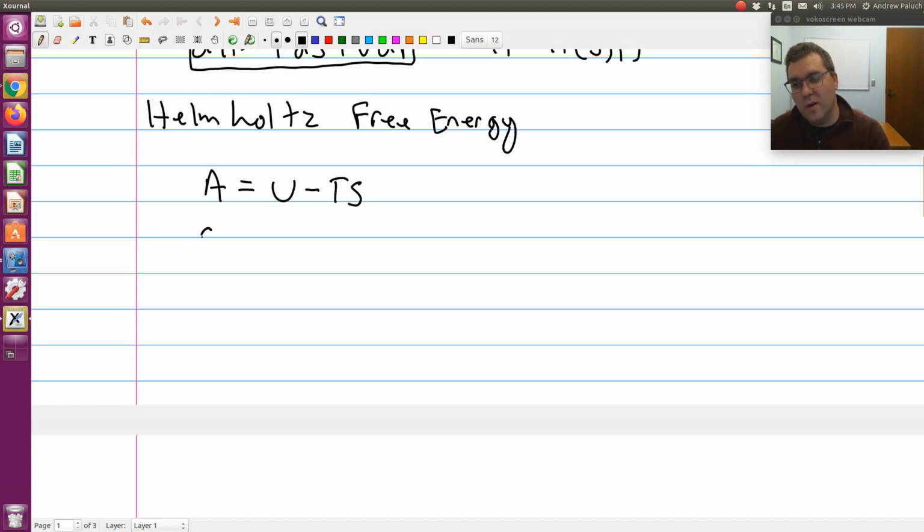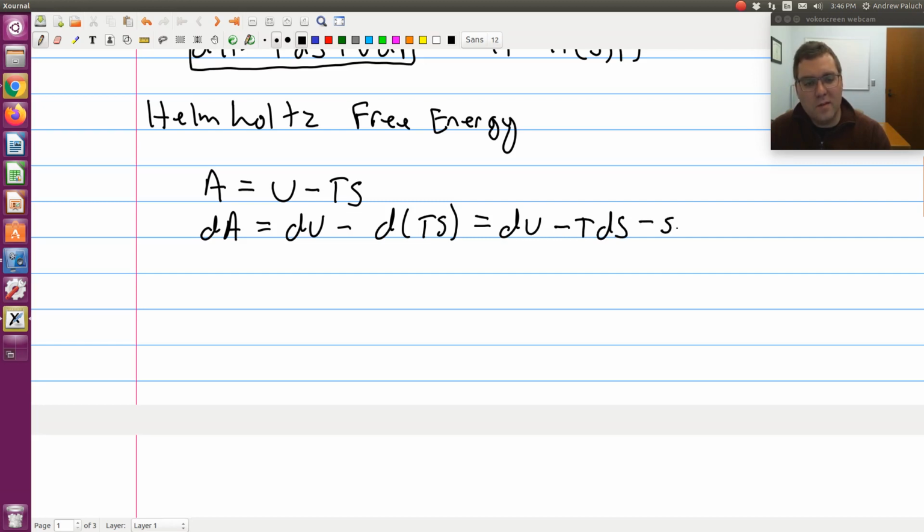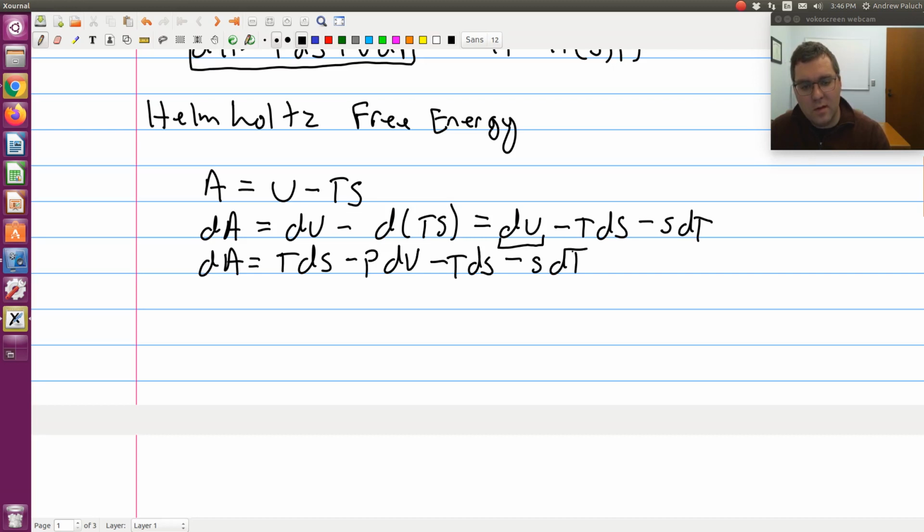So if I work out the differential, I get dA is equal to dU minus the differential of TS. I apply the product rule, so this is dU minus TdS minus SdT. For dU, I'm going to plug in my combined statement of the first and second law, and I'll get that dA is equal to TdS minus PdV minus TdS minus SdT.